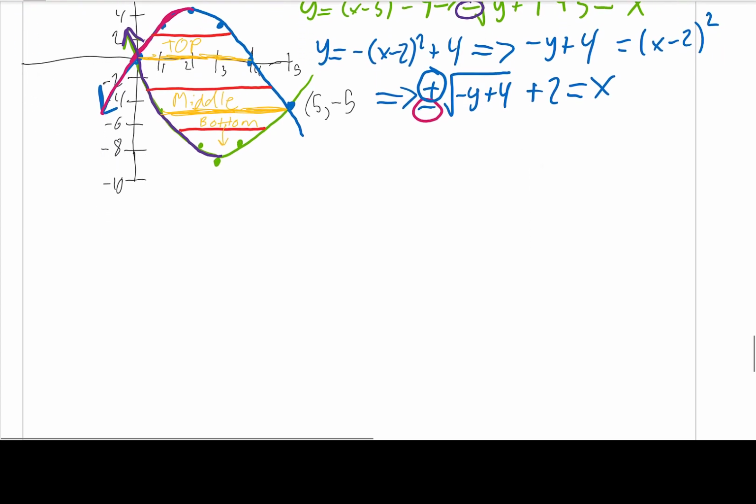So let's do these integrals. These are going to be integrals that you can do by u substitution. You can absolutely do them by u substitution. And I think it would be great if you spent some time and tried to do these integrals that I'm about to write out.